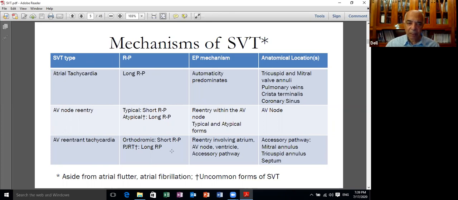This is the paroxysmal junctional reciprocal tachycardia, or Coumel tachycardia. It's a long RP tachycardia, and it has nothing to do with the junction. It's a form of orthodromic reciprocating tachycardia.